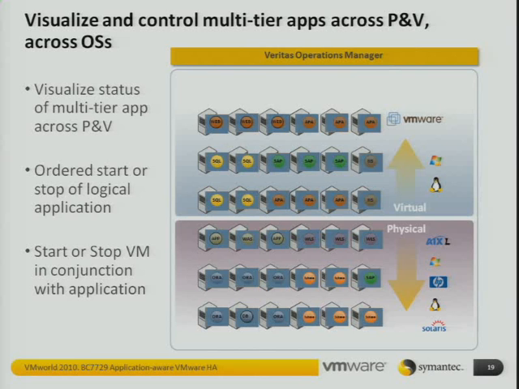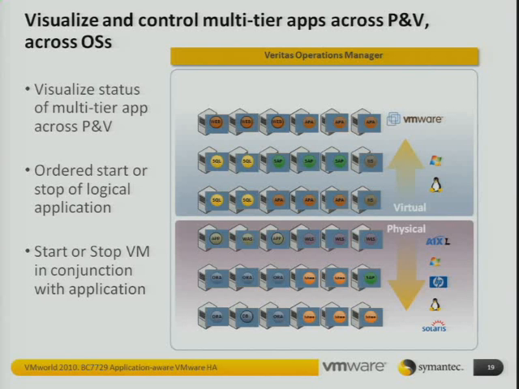So vSphere client really helps me do a great job with my VMware environment. But what about the rest of the stuff that, by the way, has dependency on my application components that's running on VMware? And that's where Veritas Operations Manager, or VOM, comes in. It's the console that we use at Symantec for managing storage and availability. It's the one single management console, just like vSphere client is for VMware.